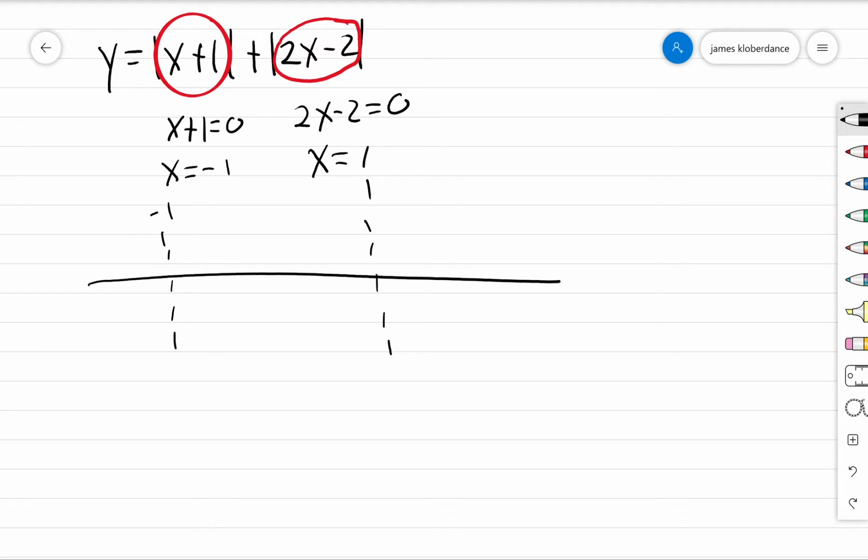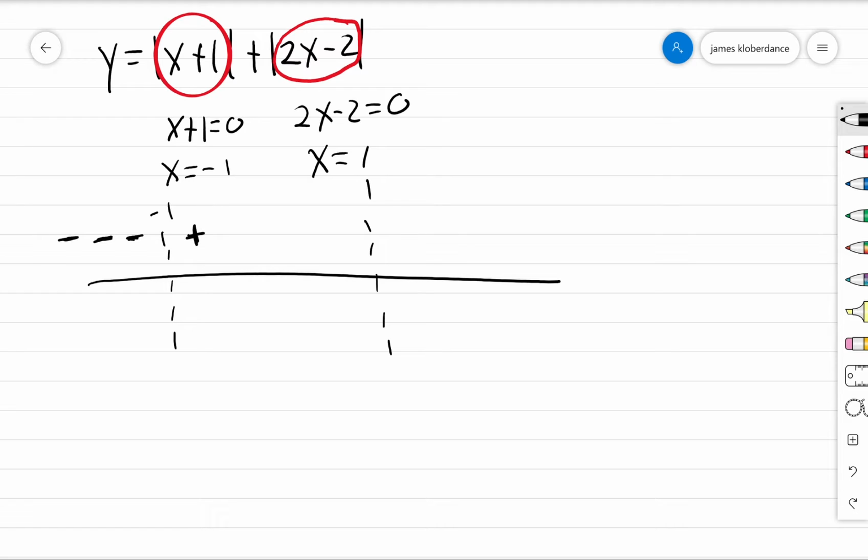So for this first absolute value, if x is less than -1, then that quantity is going to be negative, and the absolute value switches the sign of negative numbers. So I put a negative in here just to make that point. If x is greater than -1, so for example, if x is 4 or -0.5 or 100, then this is a positive quantity.